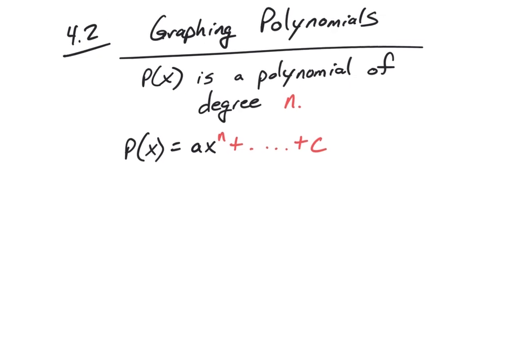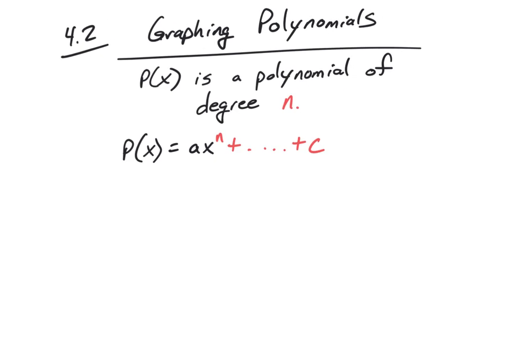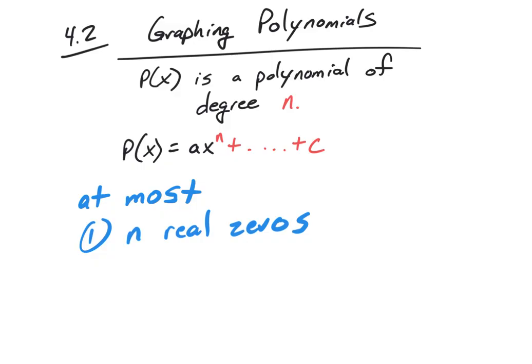So what this means is it will have at most n real zeros. If I have a degree of 4, it could cross the x-axis up to 4 times.